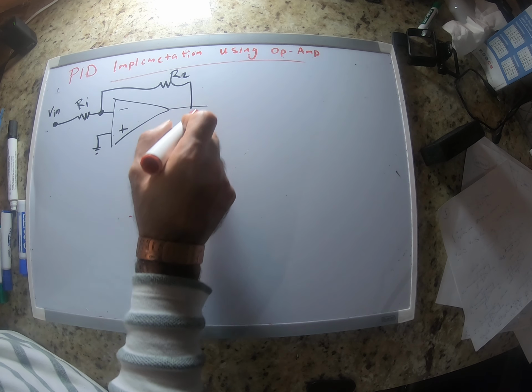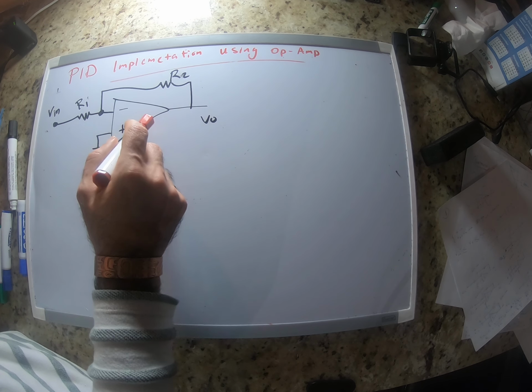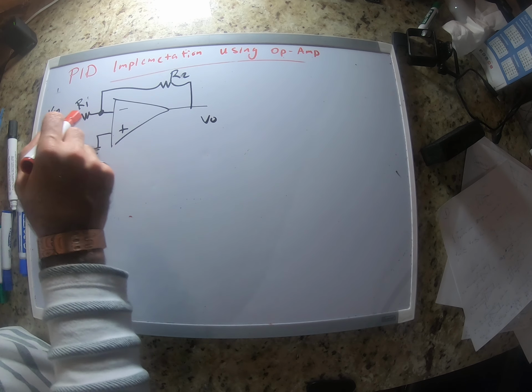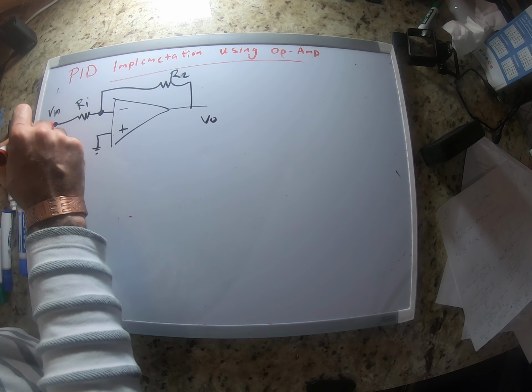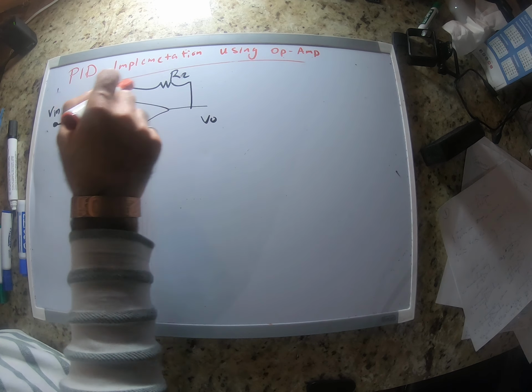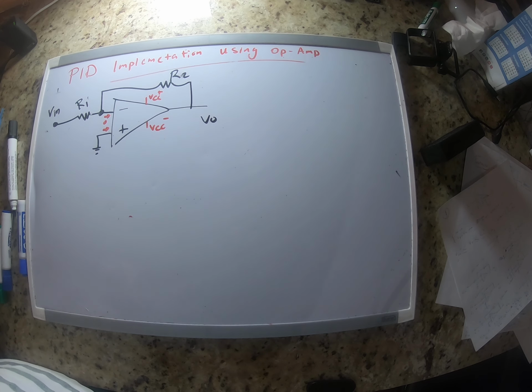If that's the case, here we have negative feedback. So if Vin is not very big and if you choose R1 and R2 carefully, the output voltage is between the two supply voltages. So we can assume that these two voltages are the same. We can also assume that these currents are 0.